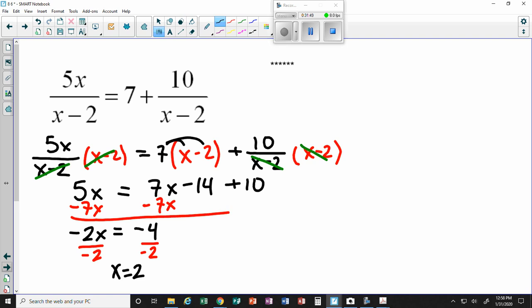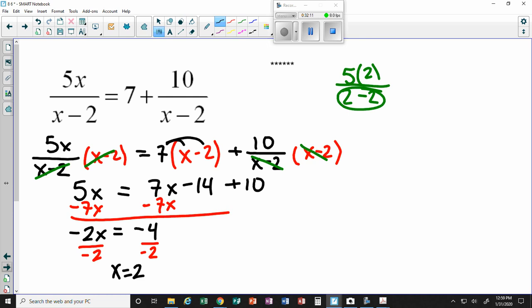Okay? So now I go back and I plug it in. As soon as I do that, what should be happening right now? Houston, we have a problem. What's my problem? You get a 0 on bottom, right? Can you ever have 0 on bottom? Nope.